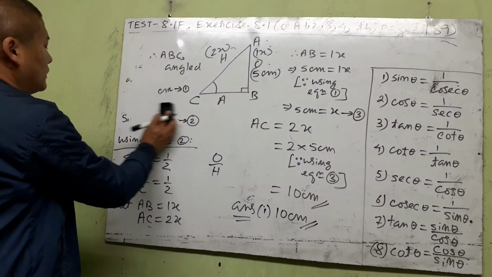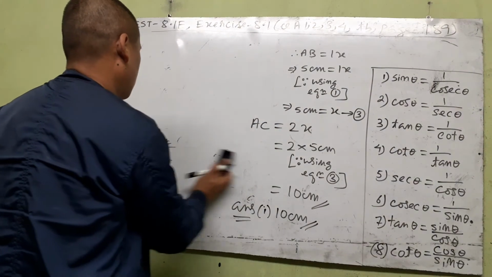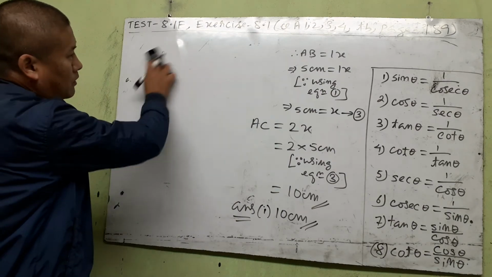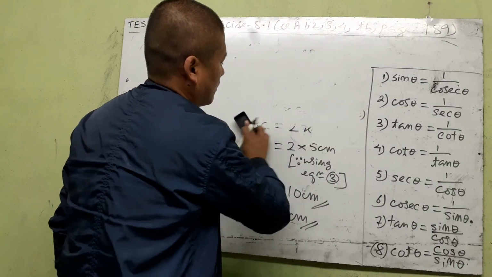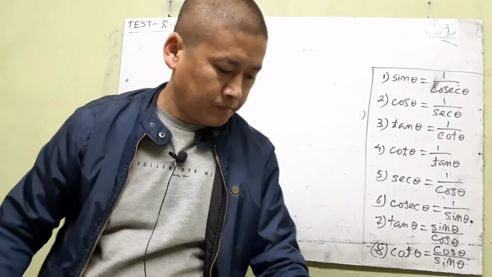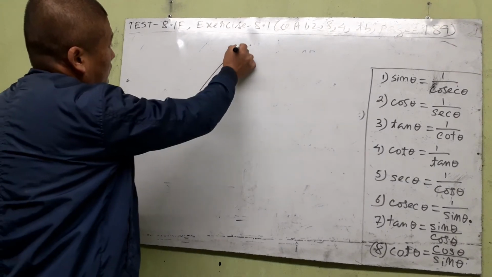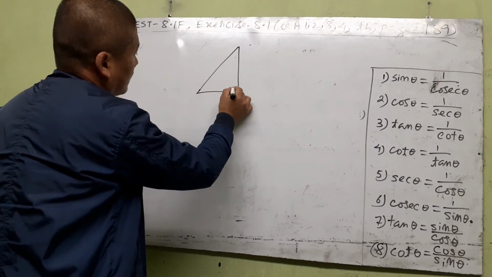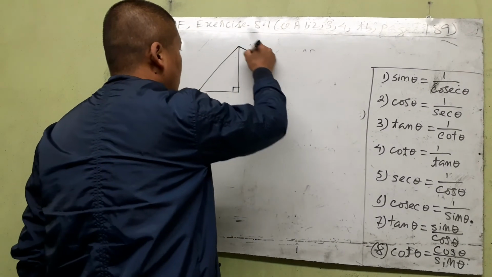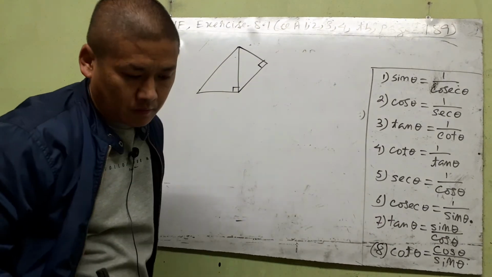Then B4, the last question for this test. So here B4, given figure ABCD like that. There is a given figure in the text which looks like this. Right angle here, I think. Yes, and then here another right triangle.